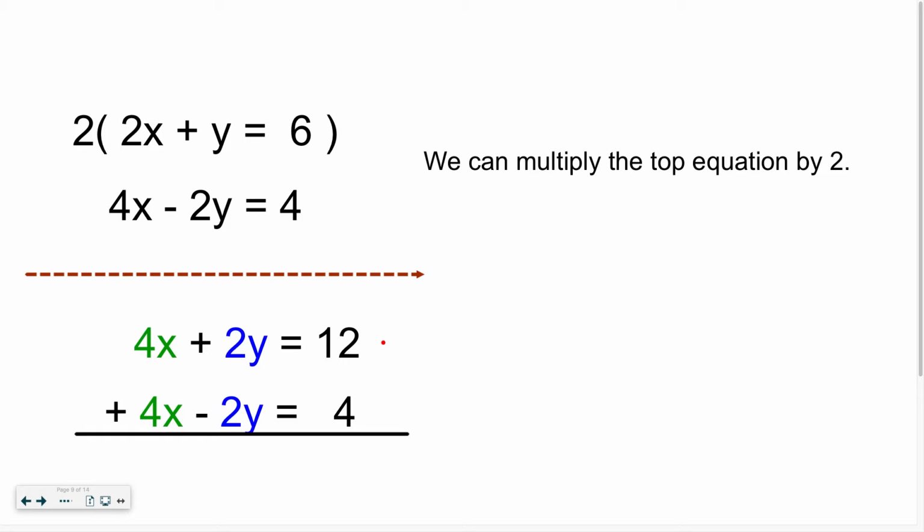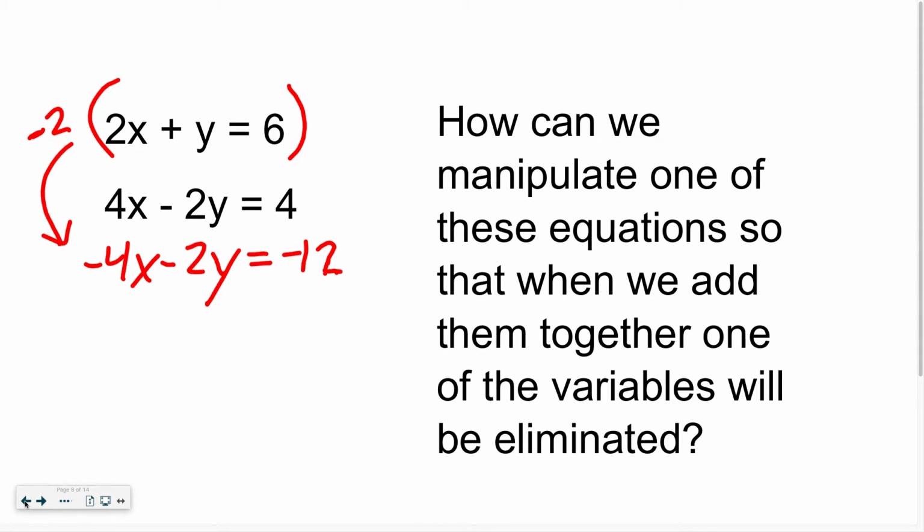When we add those together, what do we get? 8x equals 60. Do you see how the 2y and the negative 2y cancel out? Do you see how here, if we added these two together, what would we get?